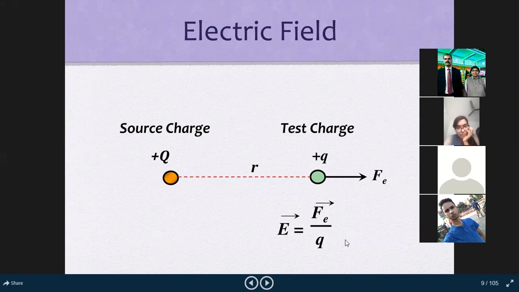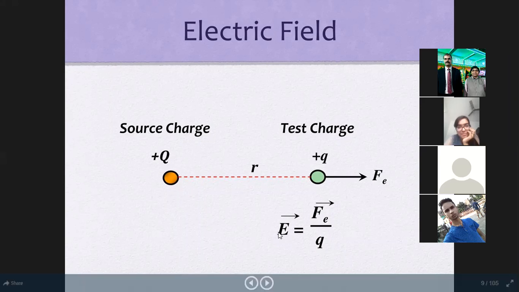Because charge q experiences a force Fe, how much force will be experienced by unit positive charge? Unit positive charge will experience a force Fe upon q. And the electrical force experienced by this unit positive charge is called electric field intensity, or simply electric field.